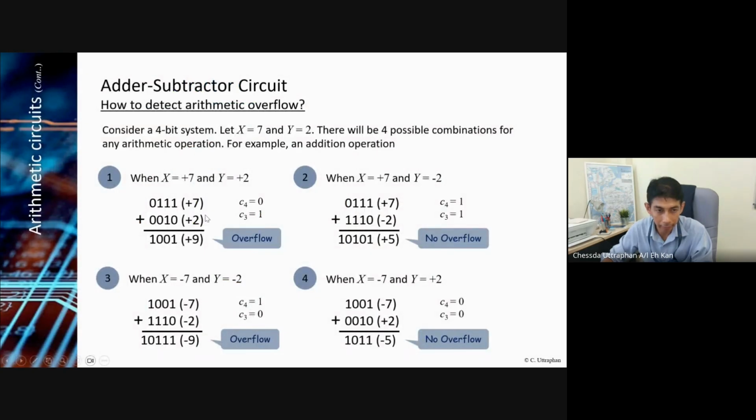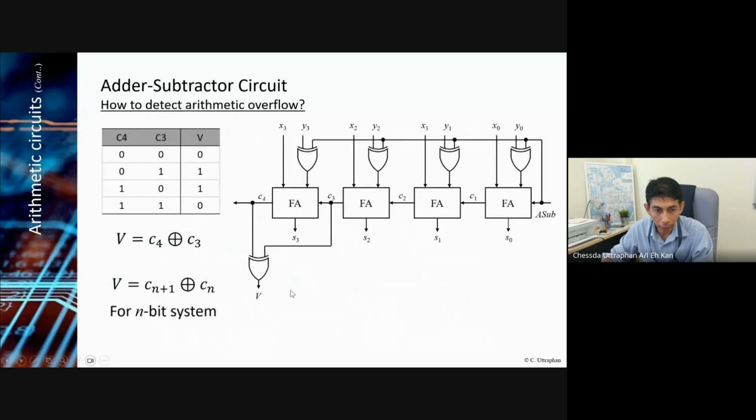And we add the first, second, third, and fourth possibility, and we observe this C4. What we found is that when 0, 0, no overflow, 0, 1, overflow, 1, 0, overflow, 1, 1, no overflow.